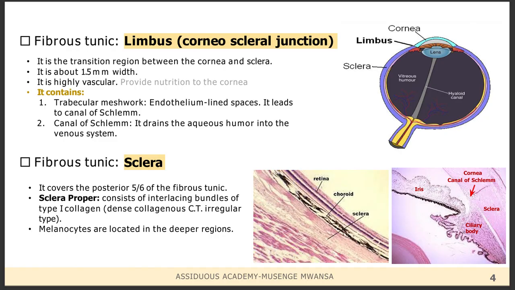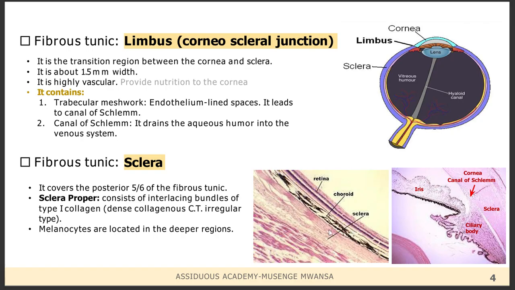So I've got the sclera proper, which has got interlacing bundles of type 1 collagen, which is dense collagenous connective tissue, the irregular type. And then you also have melanocytes. These melanocytes, remember melanin is important in trapping what? Light. So these melanocytes will be able to help in the trapping of light.